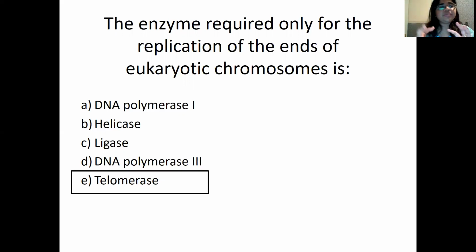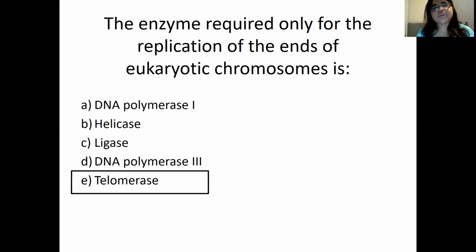So to make sure that you don't end up running out of these telomeres, in DNA replication processes, cells use an enzyme called telomerase to make sure that the ends of the eukaryotic chromosomes are extended out.